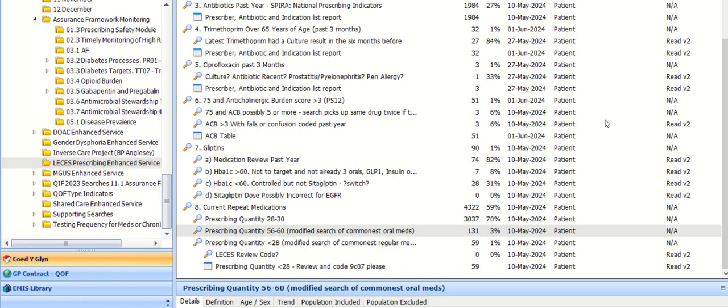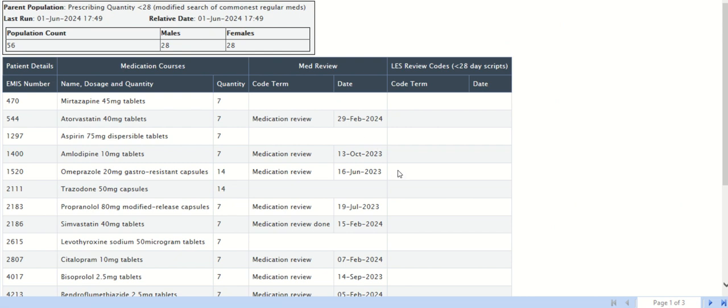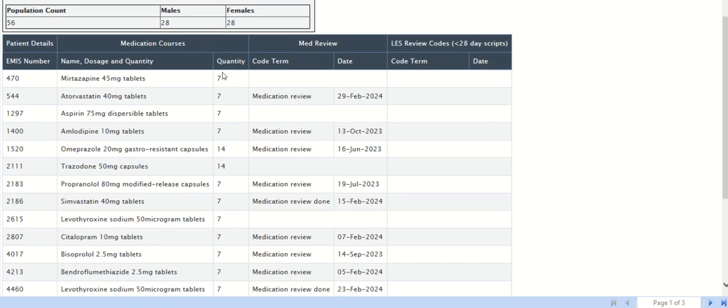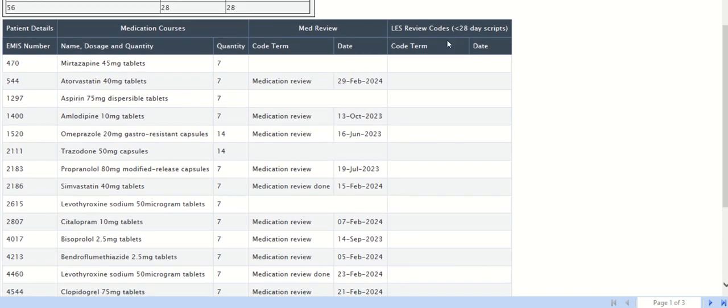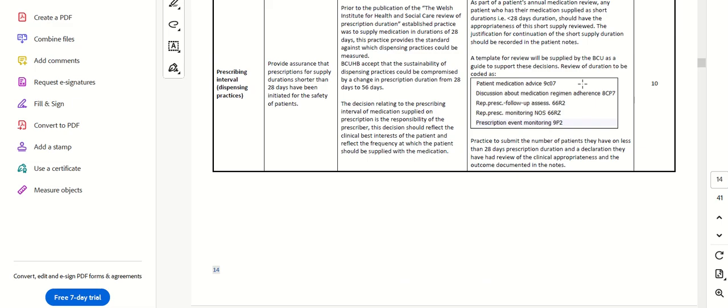So we have created a search just to look for those where we suspect they are on 7 days, and I'll show you this. So again, I've slightly altered this, so I'm not showing anybody's patient identifiable details, but what we do have here is it just shows those where the quantities are 7 or 14, and ideally by the end of this year we'll have one of those codes from this enhanced service here for each of those patients.